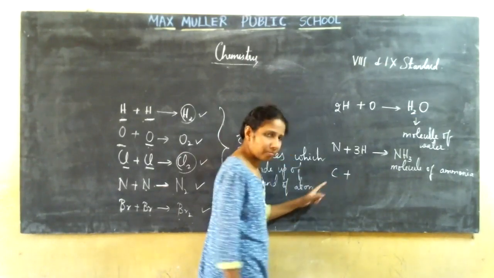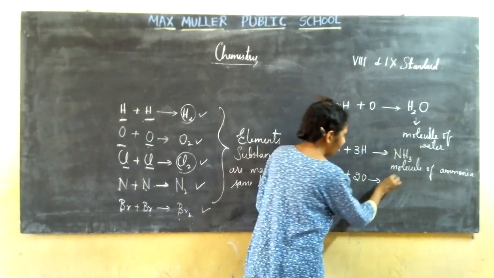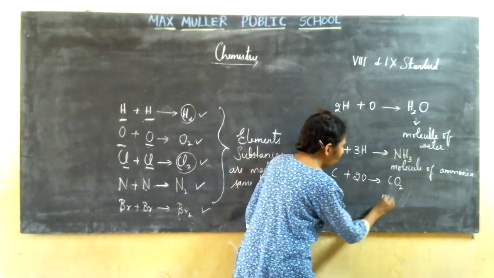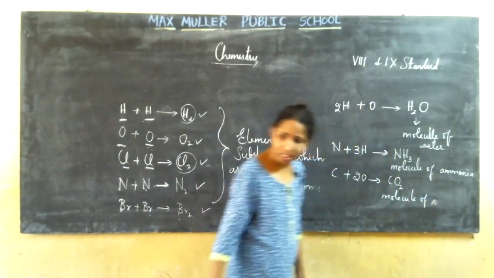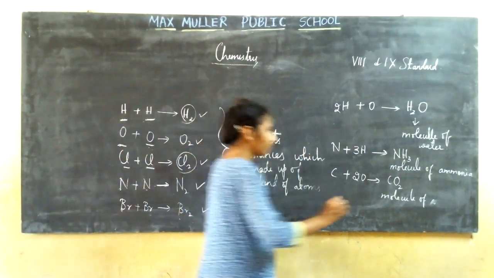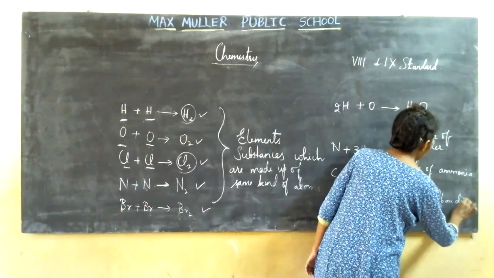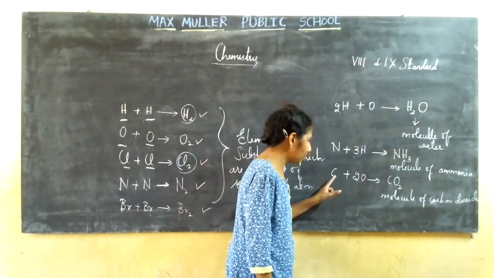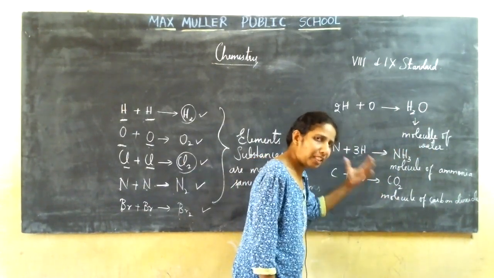When I write CO2, one carbon atom combines with 2 oxygen atoms to form a molecule of carbon dioxide.